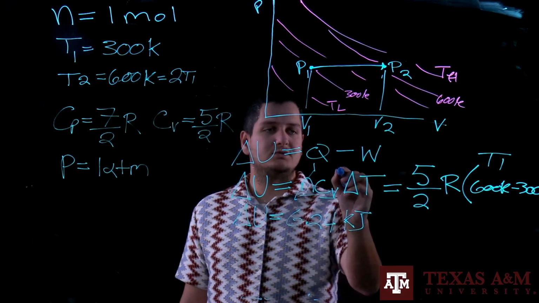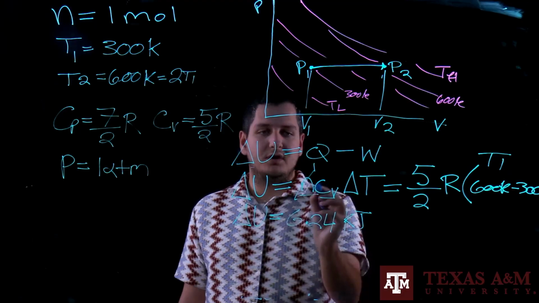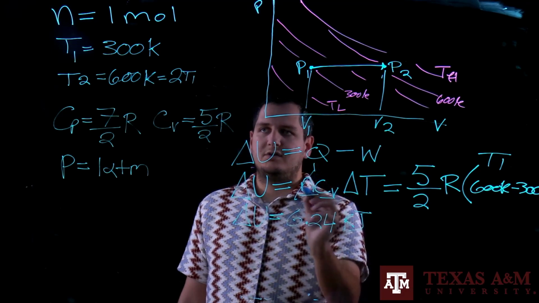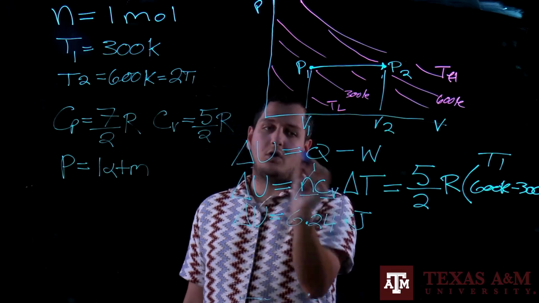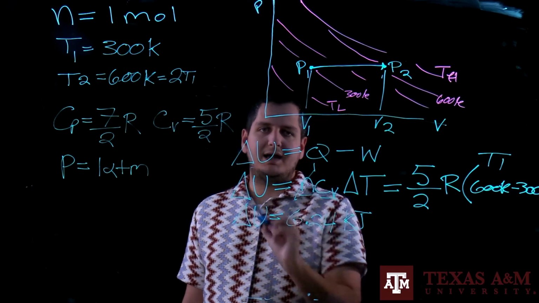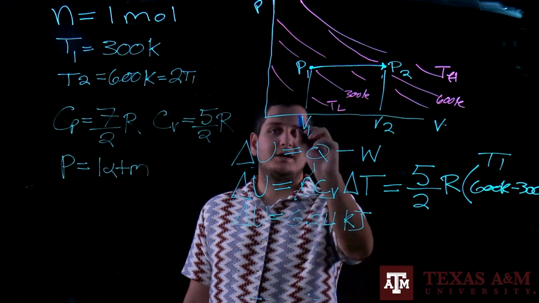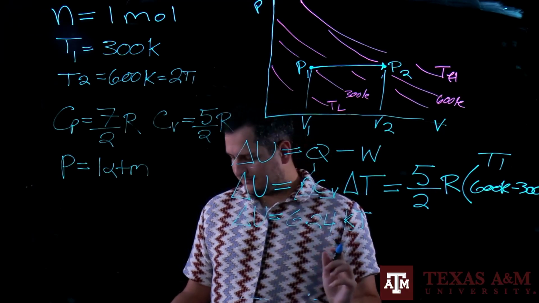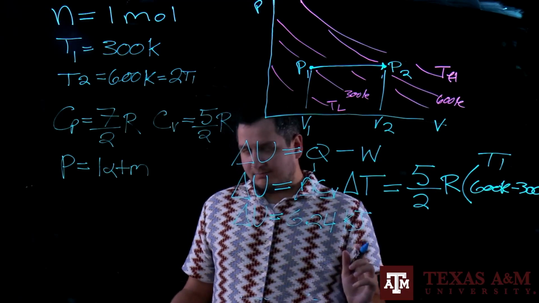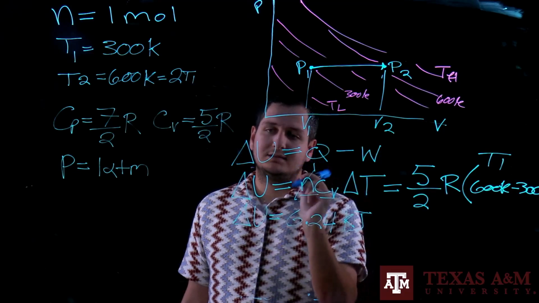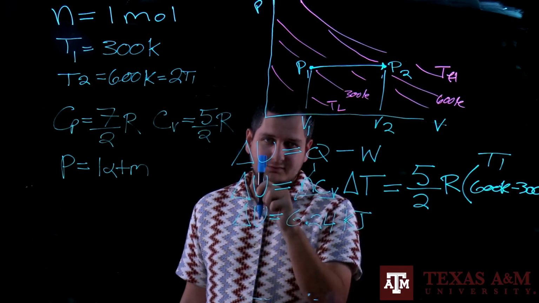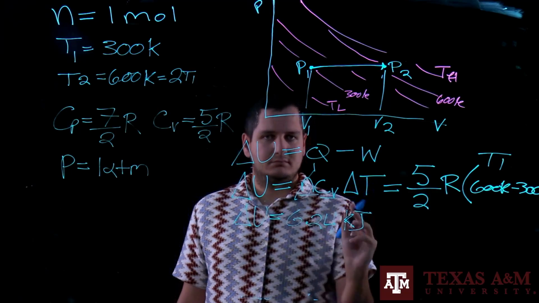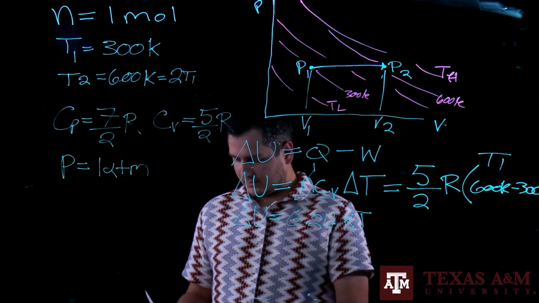As long as you have this delta T and you know you're dealing with an ideal gas, and you know that the ideal gas has the volumetric heat capacity 5 divided by 2R, that is how you get U. It doesn't matter the process for this equation, because for an ideal gas, U is only dependent on T. Okay.